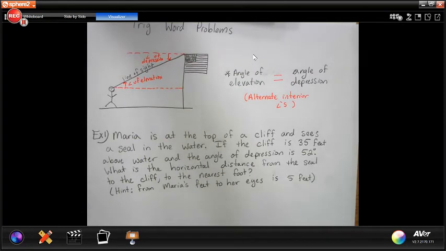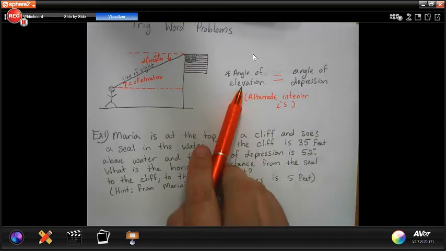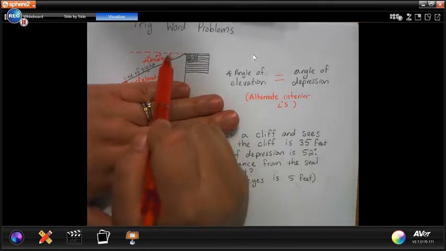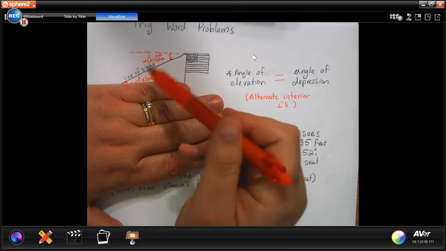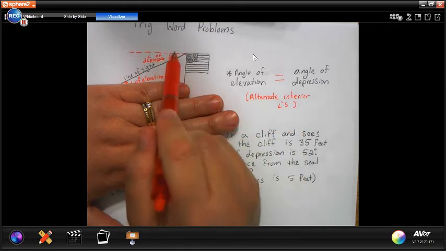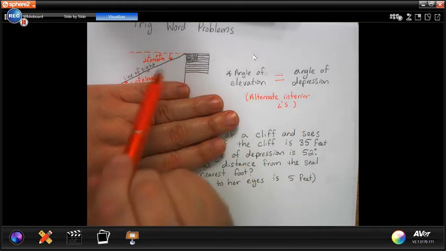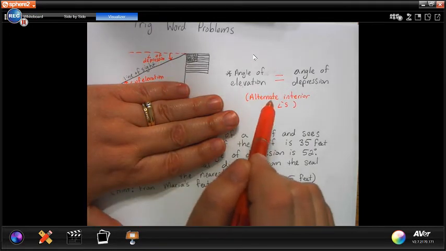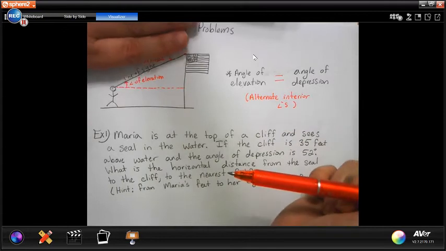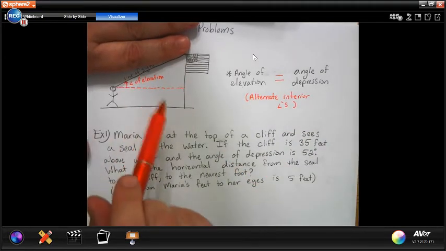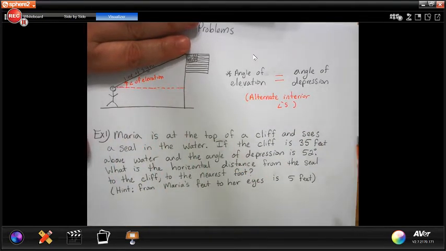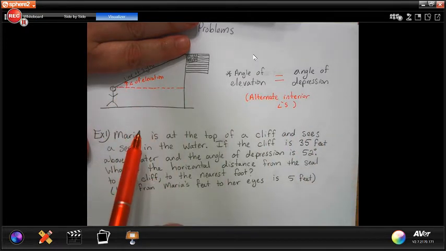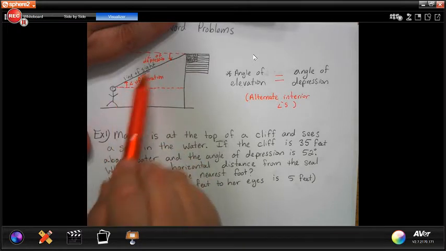So whenever it talks about angle of elevation, but let's say your picture only has the angle at the top and we don't have the angle at the bottom, then you could write your angle of elevation in the angle of depression spot, because they're equal, so it works. Or if you have this type of picture and your problem talks about angle of depression, you could put that in the angle of elevation spot. They're alternate interior to each other.